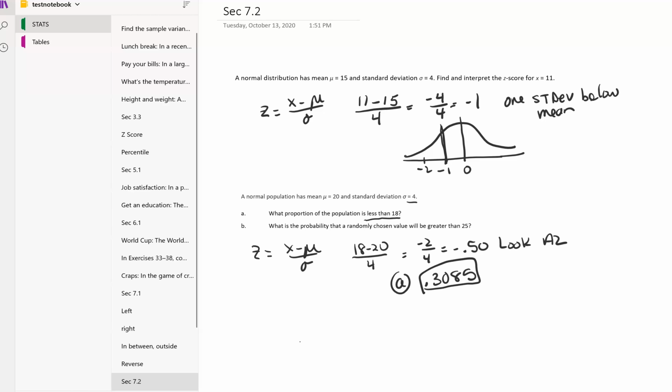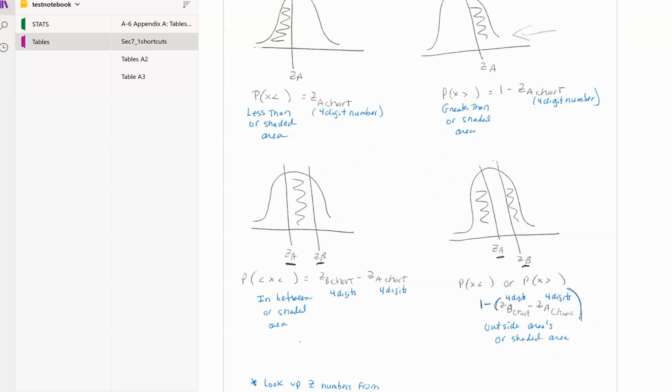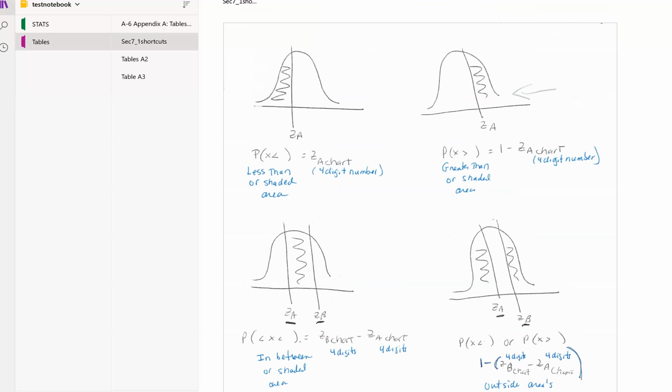Next problem, part B. What's the probability that a randomly chosen value will be greater than 25? All right, so now this is greater than 25. So when I look up the number, I have to subtract from 1. And how do I know that? Because that's on my shortcuts right here.